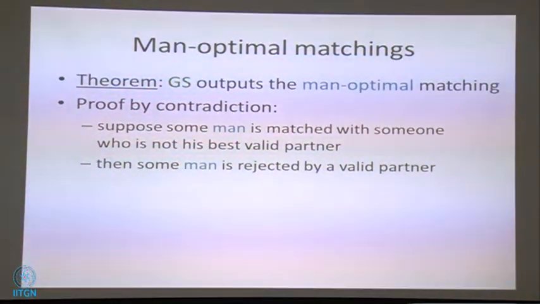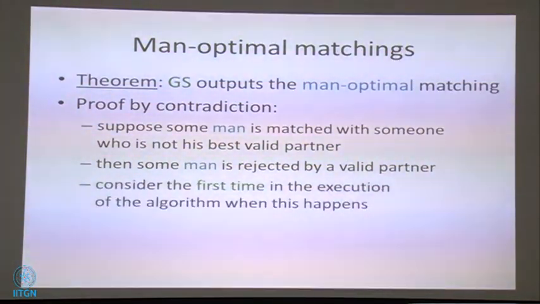Each man has a bunch of valid partners, so if he didn't end up with his best valid partner, in particular he was rejected by his best valid partner, and possibly before that he was rejected by his other valid partners. Well, no, not before that. Anyway, it has to be the case that some man is rejected by a valid partner.